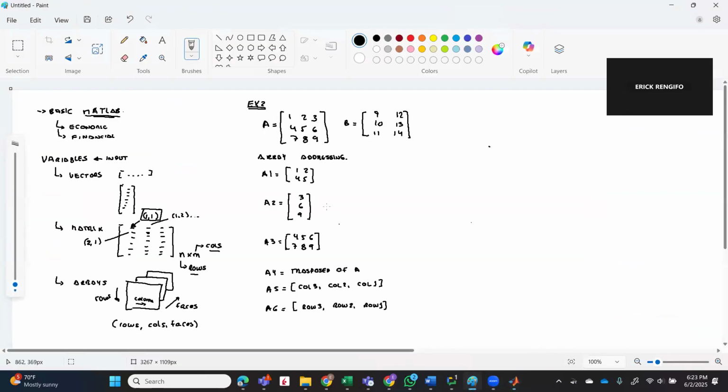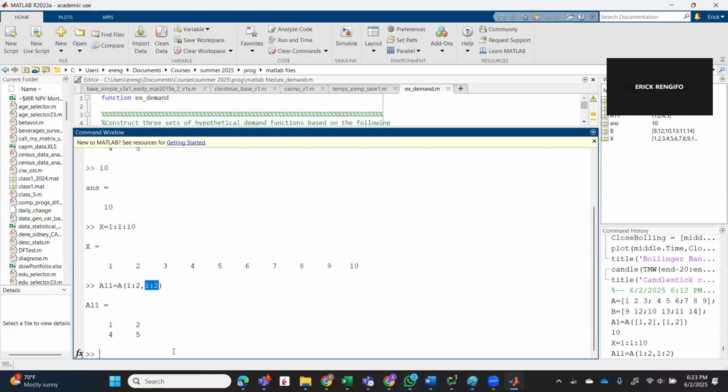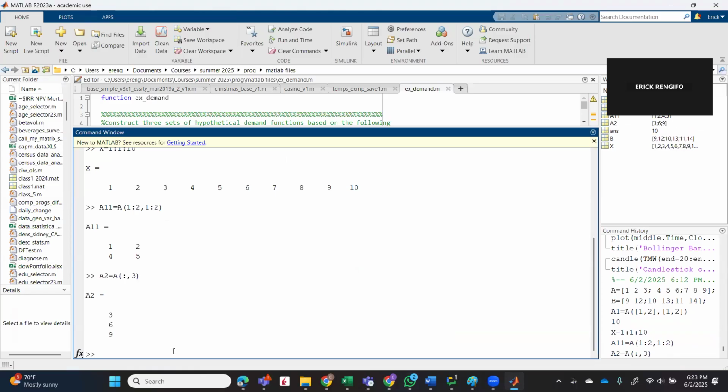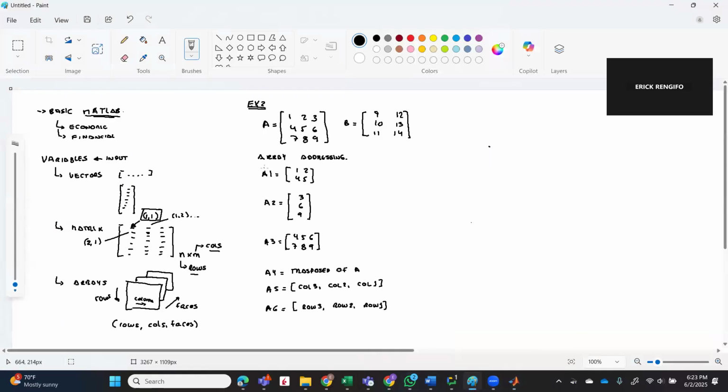Okay, so now let's select only the third column of A. So A2 is the third column of A. So this is going to be A2 equals what? A, I want all the rows and I want the third column. Make sense to everyone? Perfect. So let's do the other one.